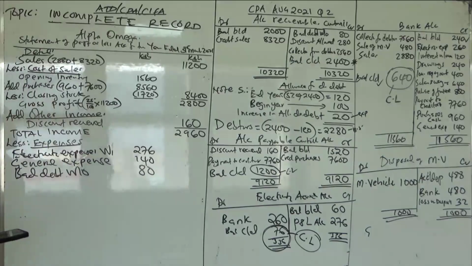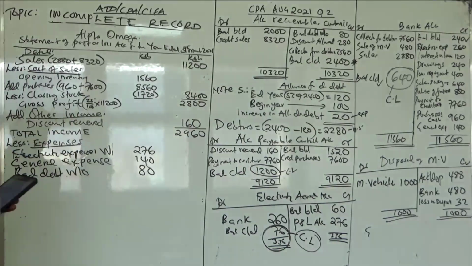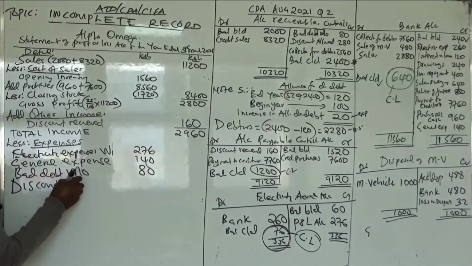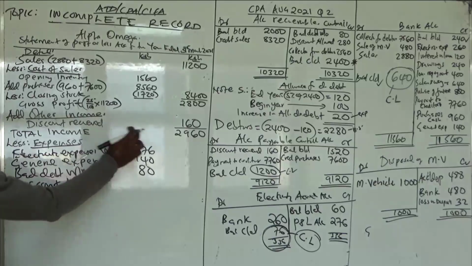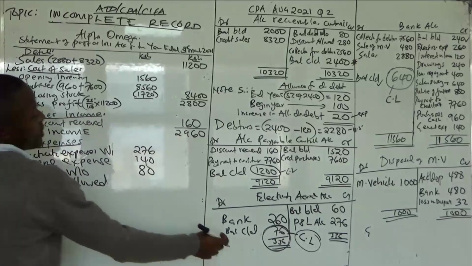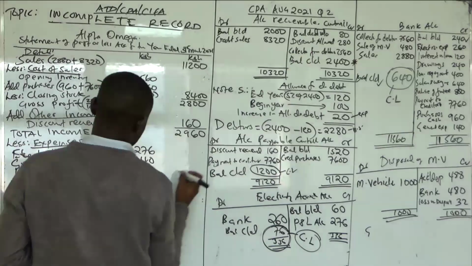There is discount allowed. Those are entries for marks. Discount allowed, if received is income, then allowed is an expense. So this one, how much? 200.